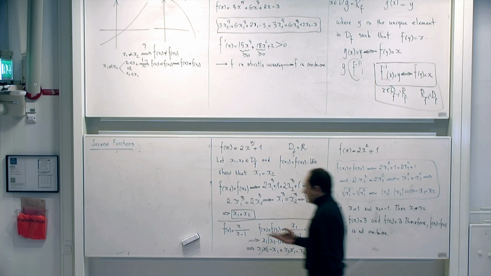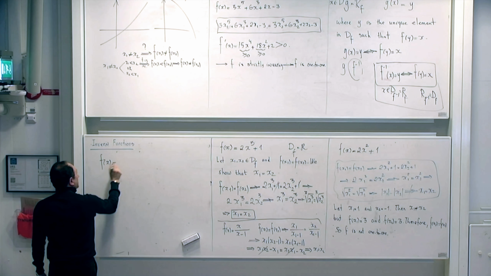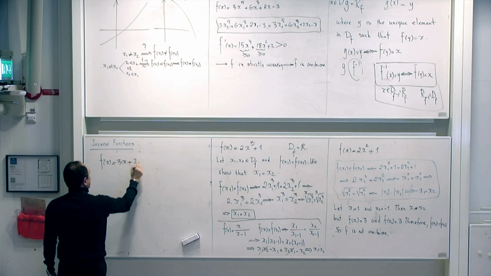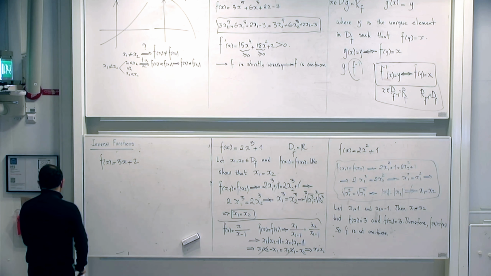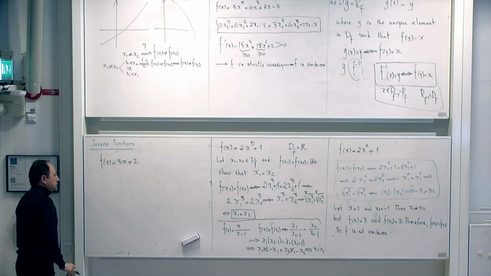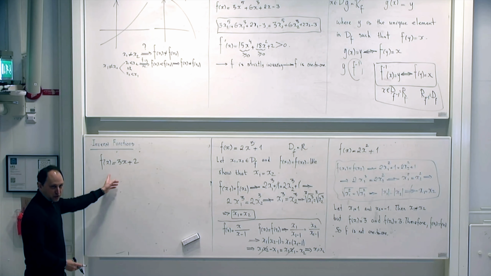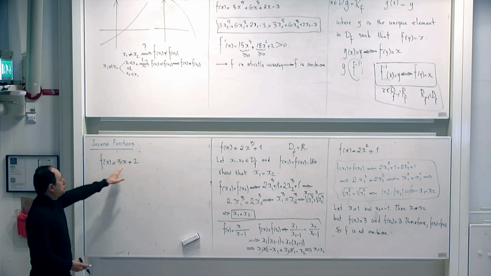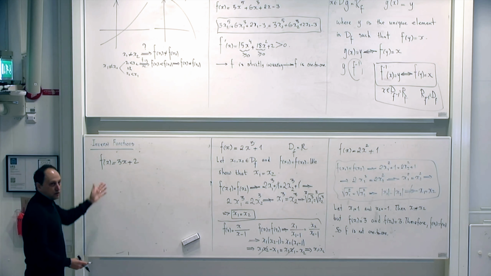So, for example, here, f of x is 3x plus 2. If I want to solve that example, I want to show that this is indeed invertible, and I want to find its inverse. To show that this is invertible, there are two ways, because this is so simple. You need to show one-to-oneness. Either you can use the original definition, because here it's extremely simple, and you can also use the derivative.